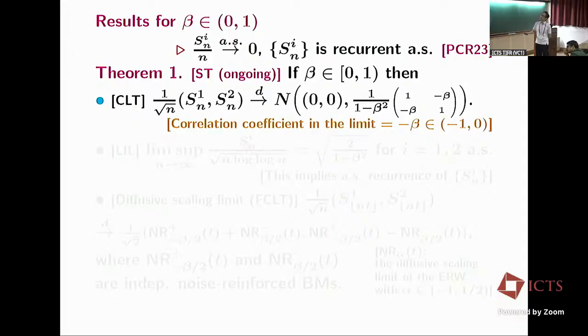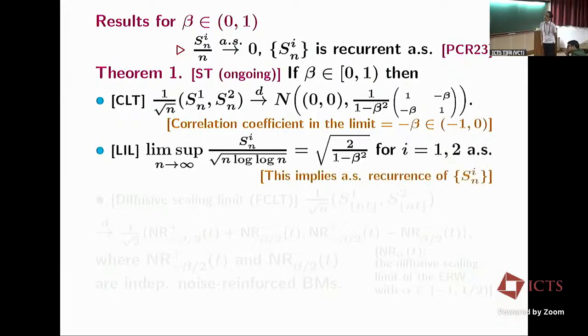In the previous paper, Bercu and others proved recurrence by delicate comparison with an independent random walk with inhomogeneous transitions. But by proving this limit theorem, we can obtain the recurrence as a corollary.